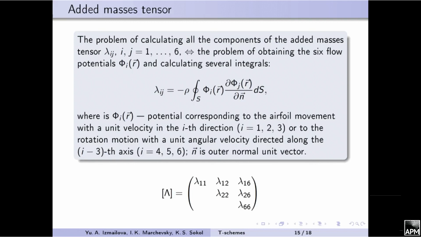So we will consider the problem of calculating all the components of the added masses tensor. And this problem is equal to the problem of obtaining the 6 flow potentials, where phi is the potential corresponding to the airfoil movement with a unit velocity in the chosen direction, or to the rotation motion with a unit angular velocity directed along the chosen axis.